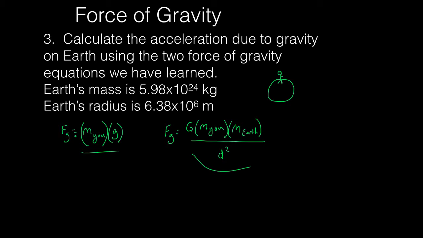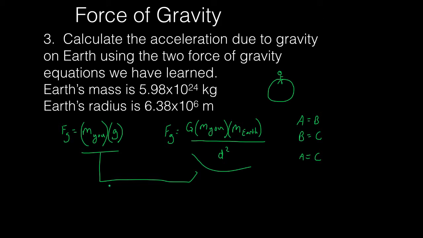Well, if force of gravity is equal to both of them, we can set these two terms equal to each other. If you remember this logic here, if A is equal to B and B is equal to C, then A has to equal C. And so again, if the force of gravity is equal to both, these two terms have to equal each other.